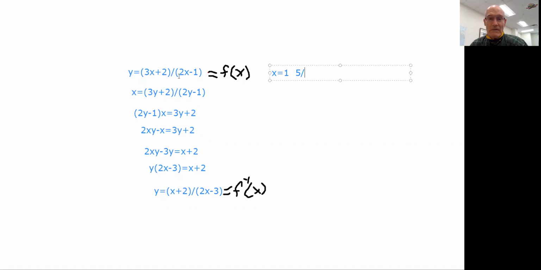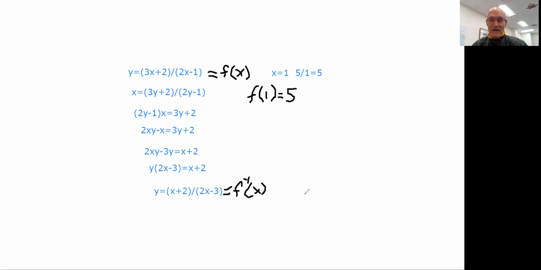And we would get 2 minus 1, which is 1 on the bottom. So we get an answer of 5. So if I write that out, f of 1 equals 5.